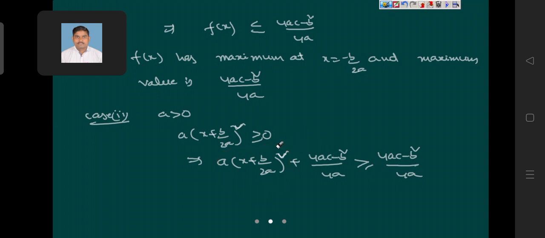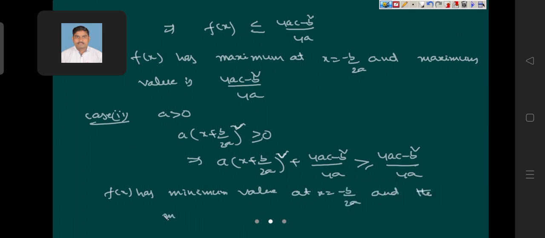So it is more than (4ac minus b square) by 4a. From this, f of x has a minimum value at x equal to minus b by 2a, and the minimum value is (4ac minus b square) by 4a.